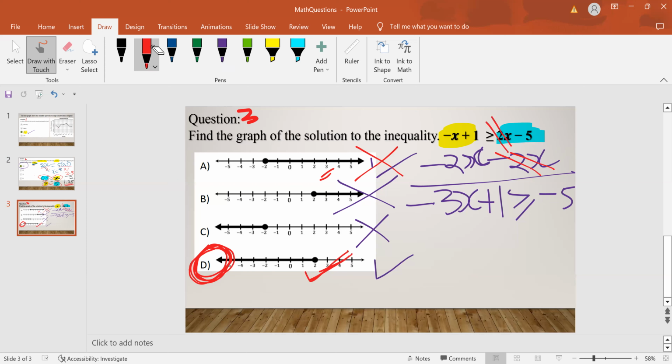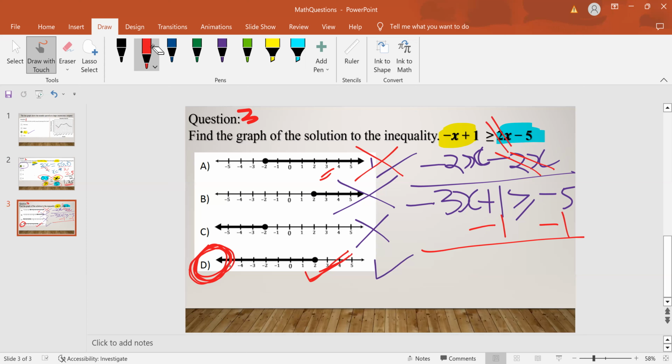To continue, we're going to move this positive 1 to the other side. Moving positive 1 means we subtract 1, so we do minus 1 on both sides. Remember, for an inequality or an equation, we do the inverse operation.